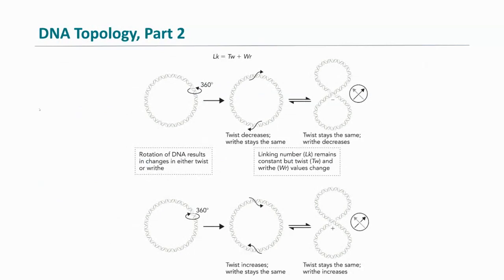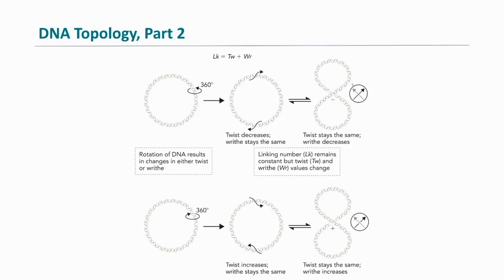And here is just to demonstrate the rotation. So for example, this is a plasmid DNA, circular DNA. Rotation of the DNA results in changes in the twist or writhe, right? The twist decreases and the writhe stays the same. Or the twist stays the same and the writhe decreases. Okay.